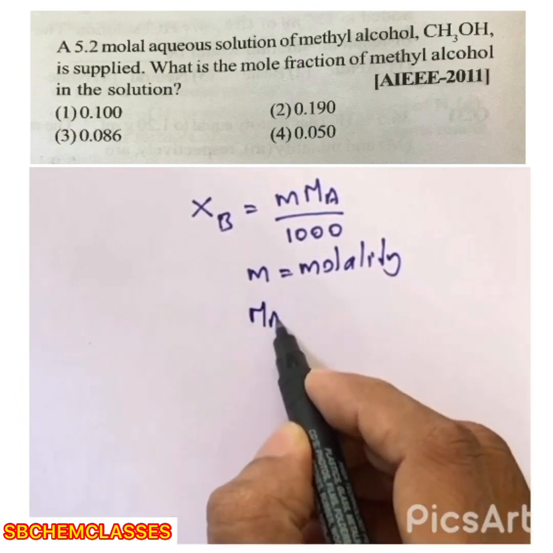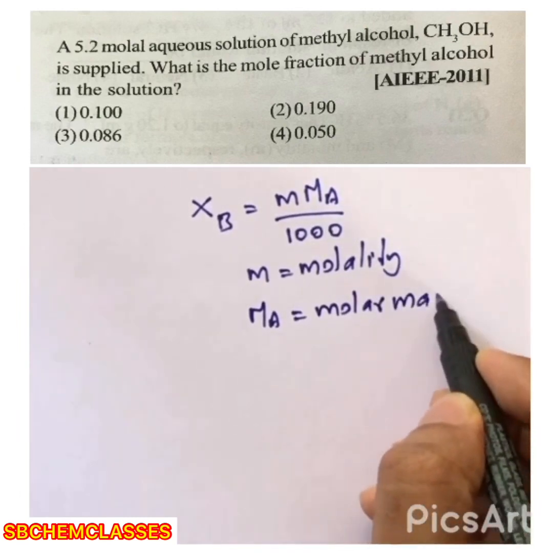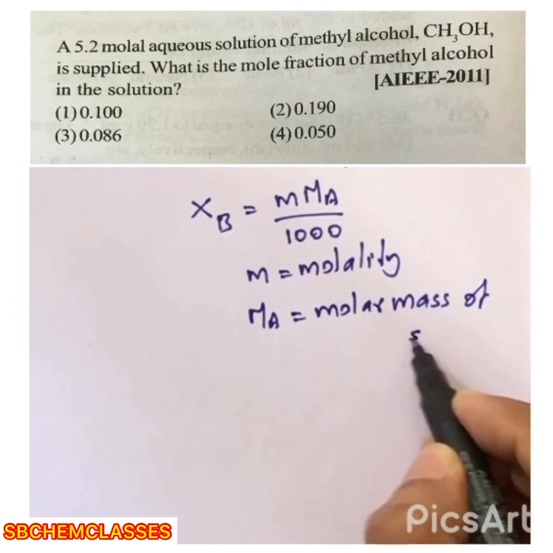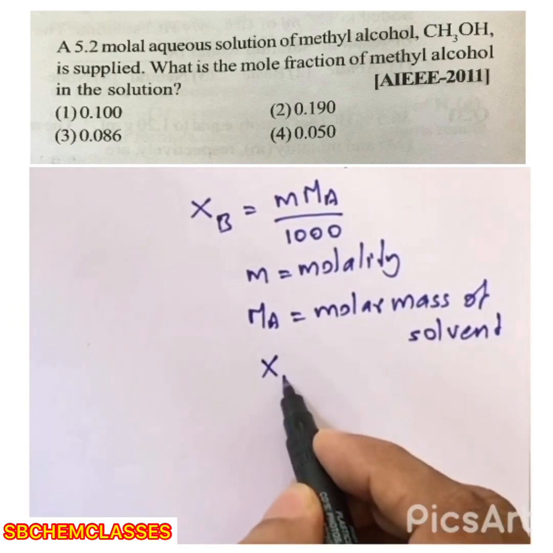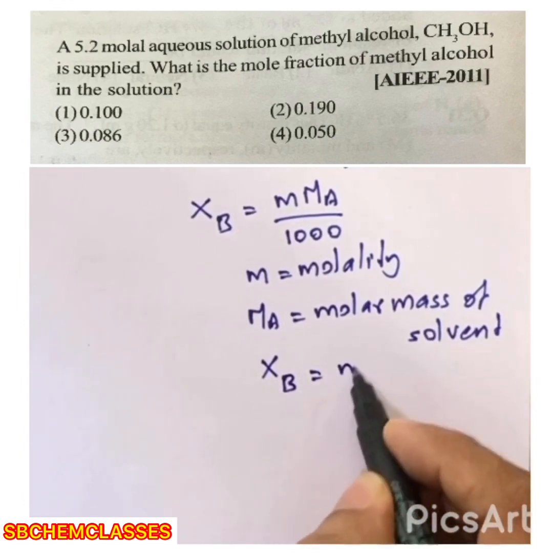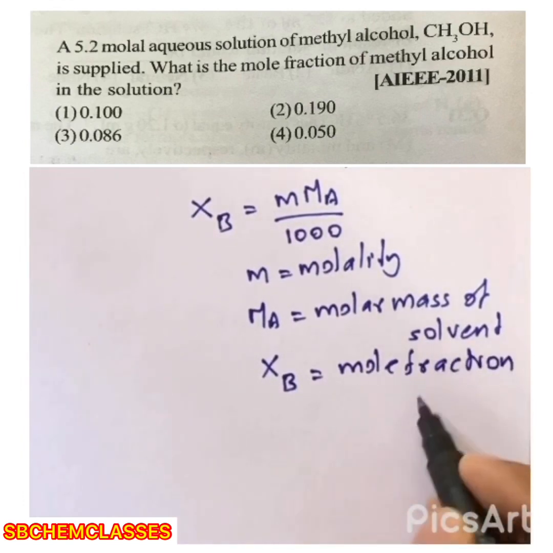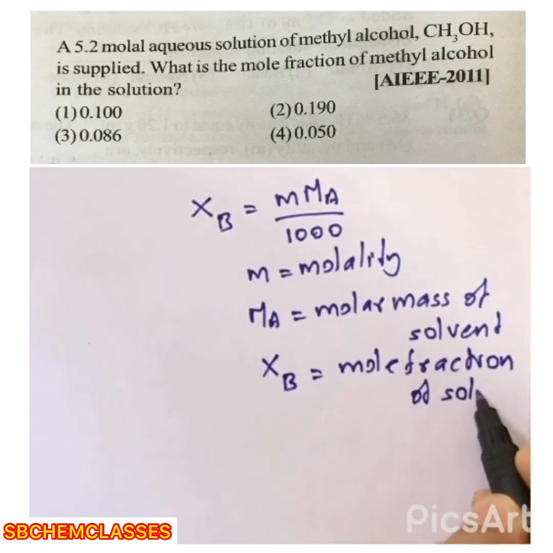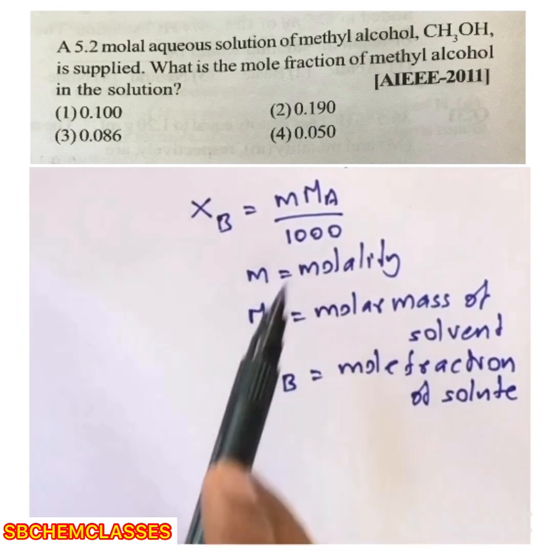What is Ma? That is molar mass of solvent. What is chi b? That is mole fraction of solute. So mole fraction of solute is equal to m into Ma by 1000.